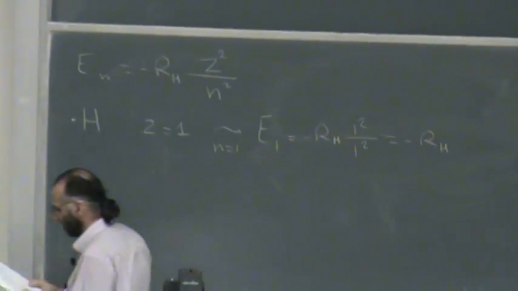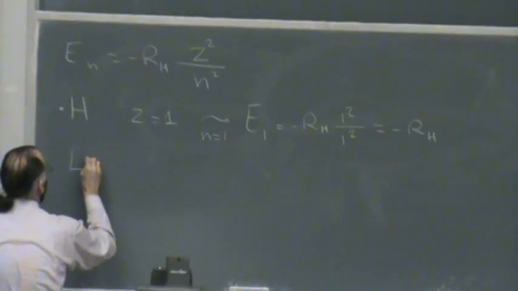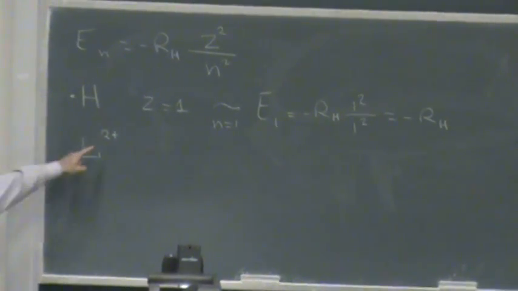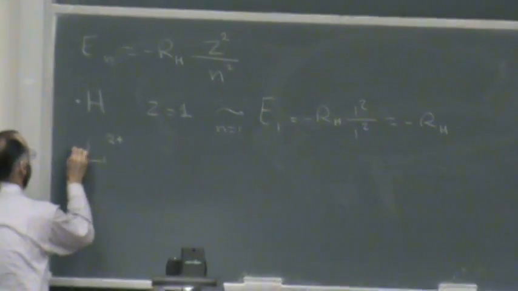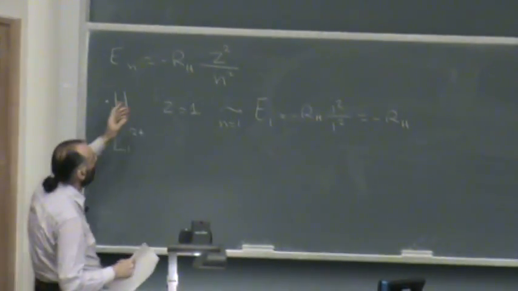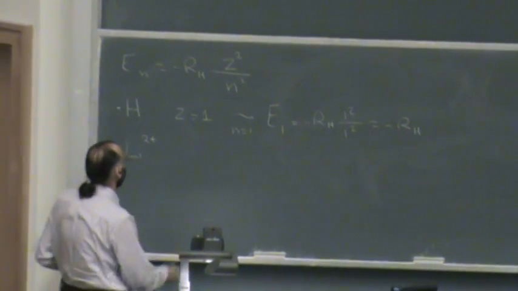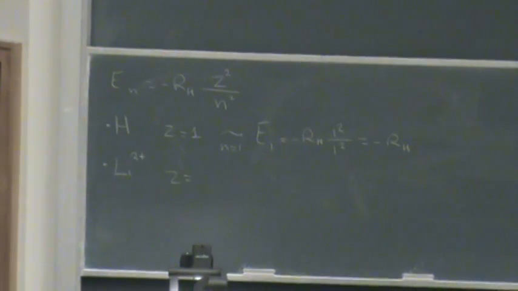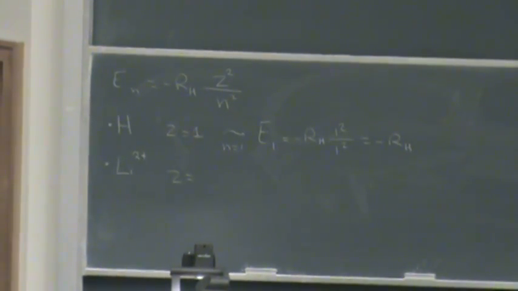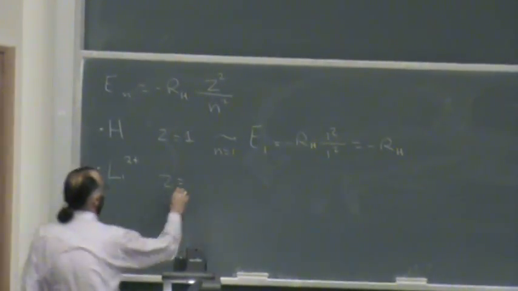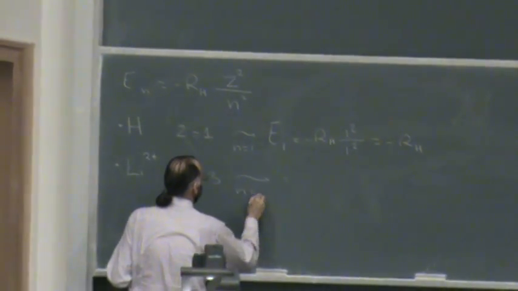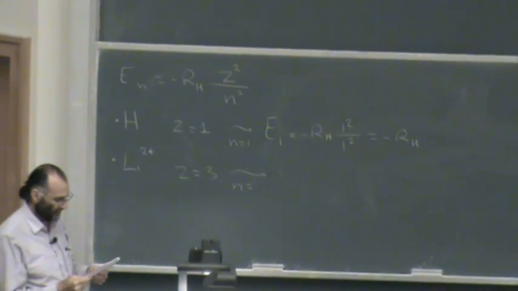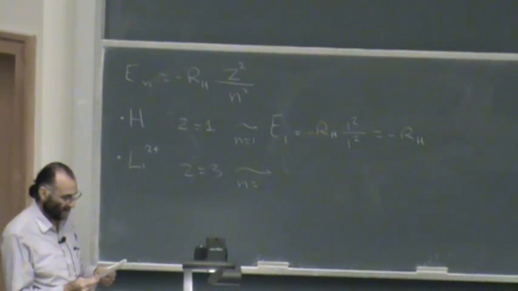Okay, we'll do the same thing for the cation of lithium. Lithium has 3 electrons. If you take 2 electrons away, you will have 1 electron left. So they're both monoelectronic species, and we can follow this equation. So Z here is what? If you look at the periodic table, for lithium, Z is equal to 3. Now you have to be careful here. Which orbit is it talking about for lithium? Is it the first one or something else?